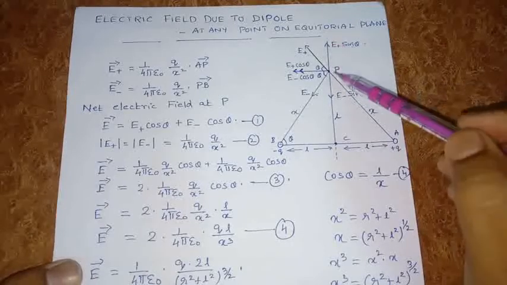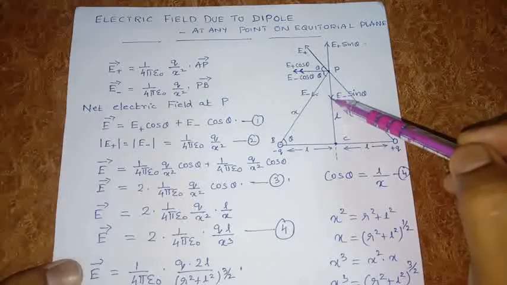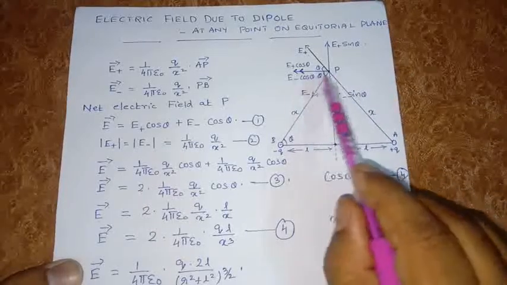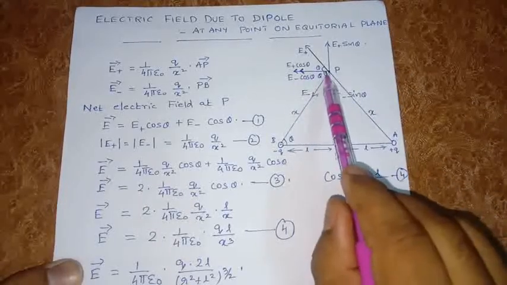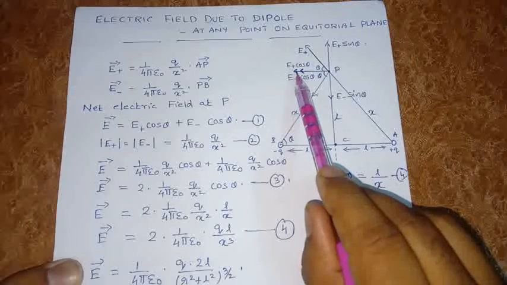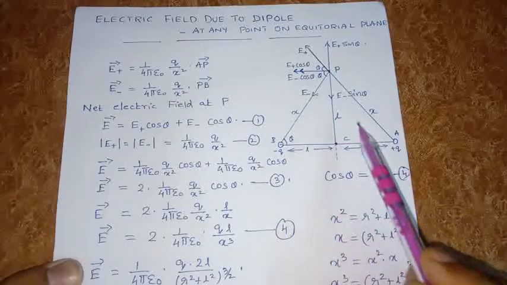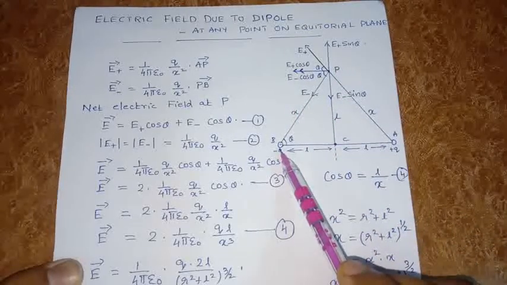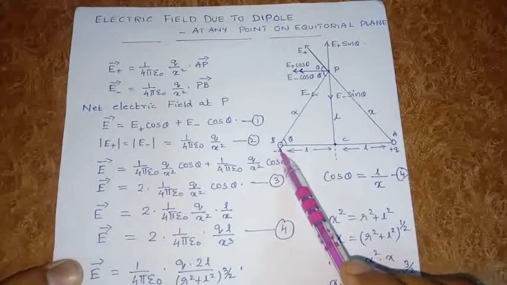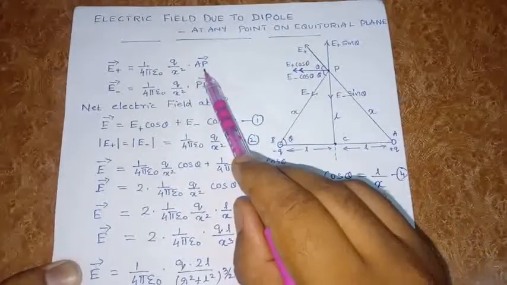E plus sine theta cancels with E minus sine theta, while the x components get added up and act in the direction towards the negative charge of the dipole.